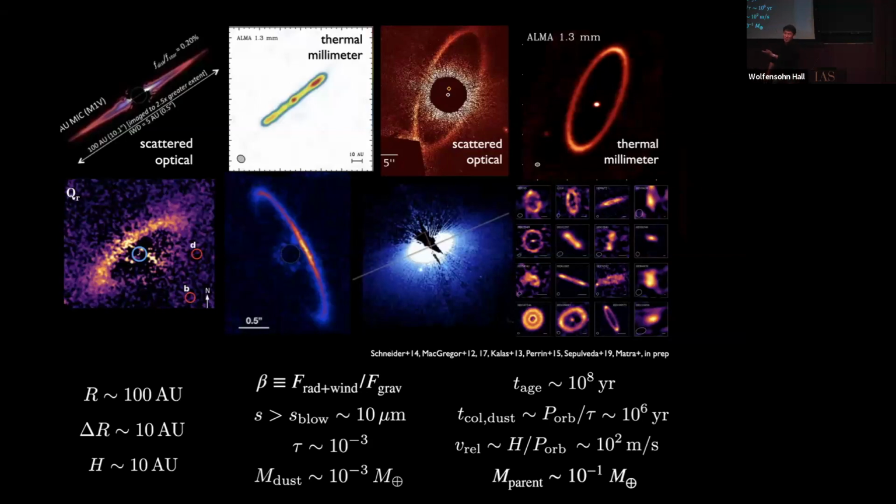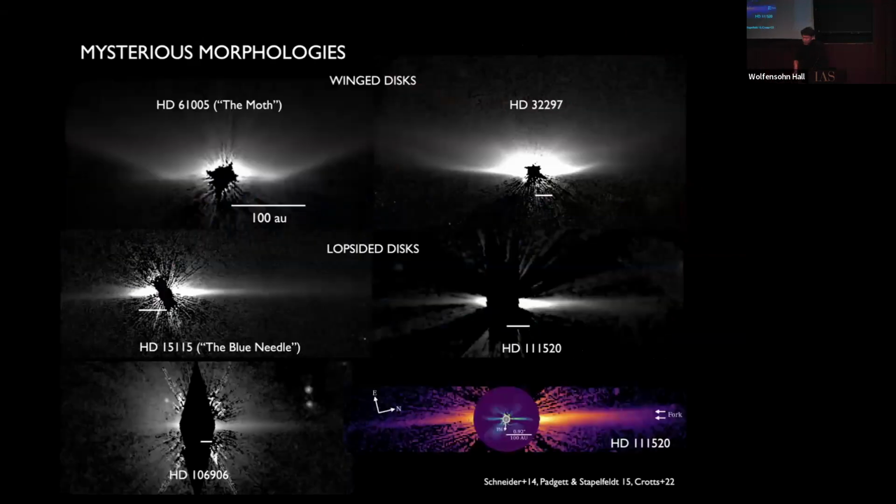They look pretty normal for the most part. But a few of them, maybe a few percent of these disks, look really weird. And that's what we've been working on, the weird outliers. So there are 2 classes of weirdness. Winged disks, which have these bright extensions sprouting out from either ansa, like it's about to take off.